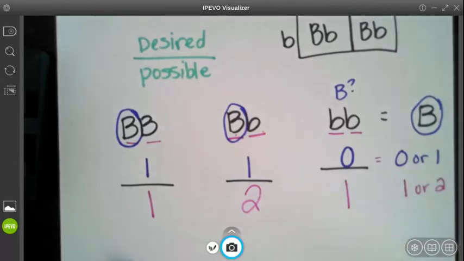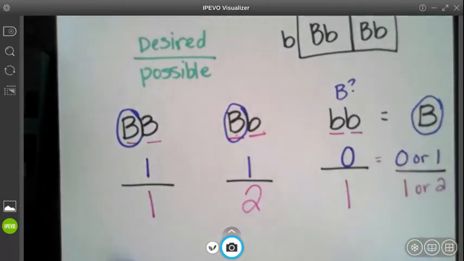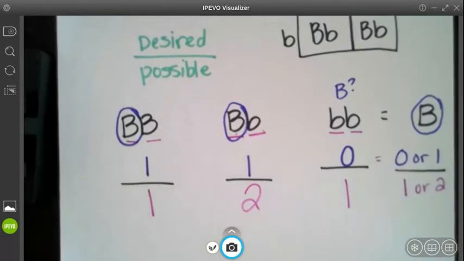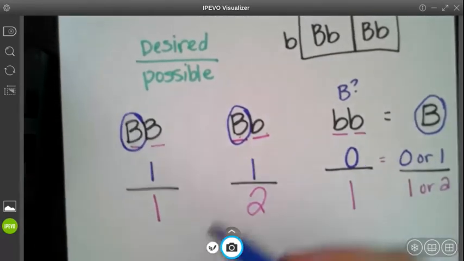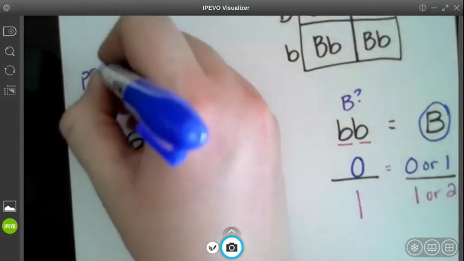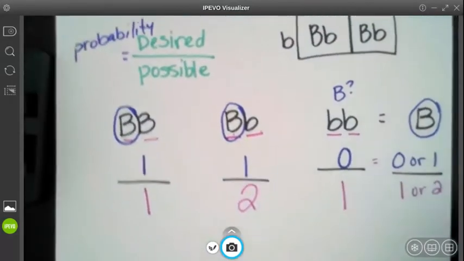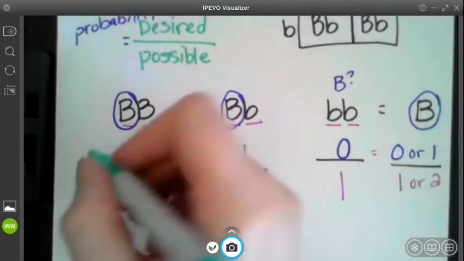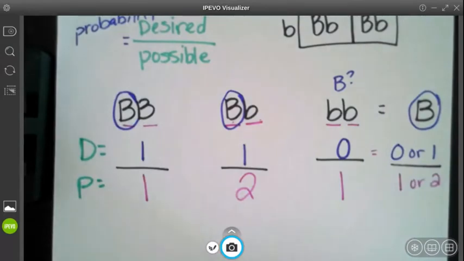So again, this is what we could have, 0 or 1, 1 or 2. So this is how you set up your desired over possible probability. So these are desired, these are possible.